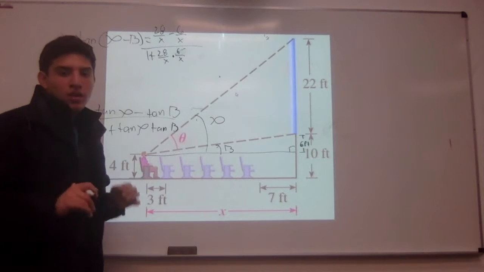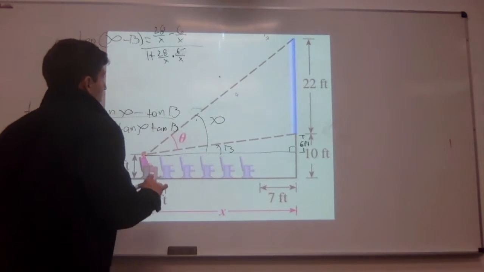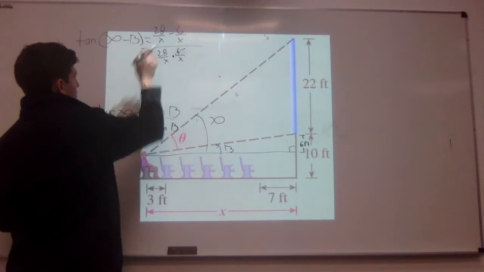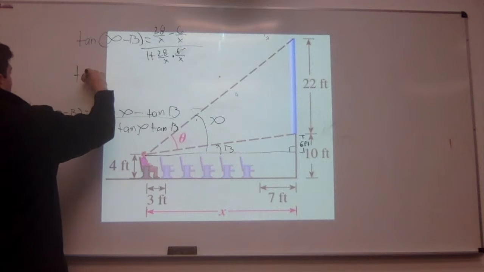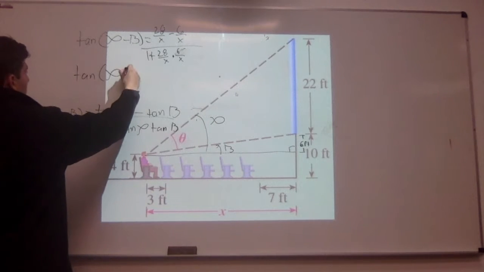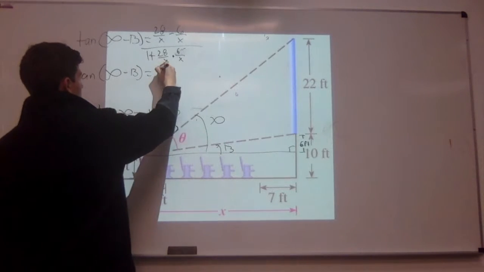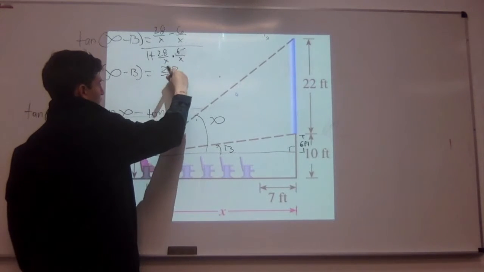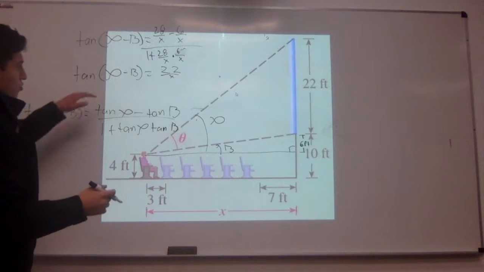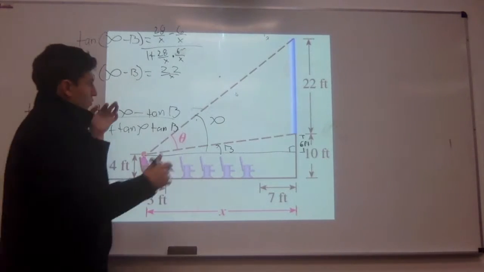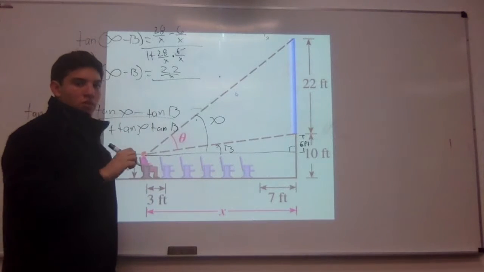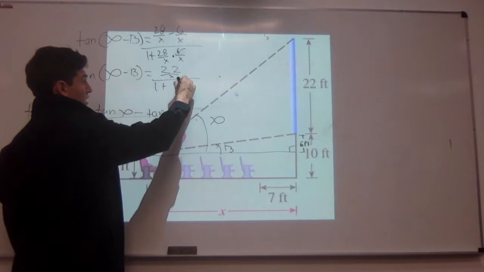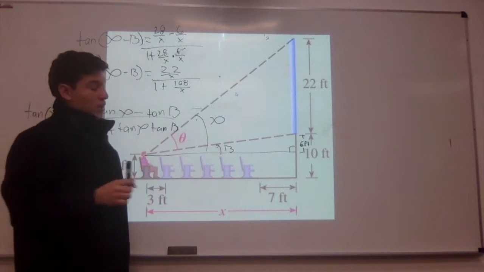If we multiply by x squared to cancel this x, we have in the new formula tangent of alpha minus beta is equal to 22x over 1 plus 168 over x squared.